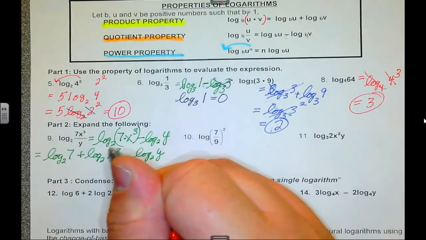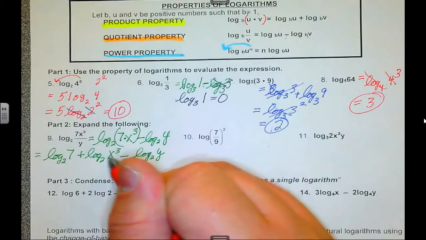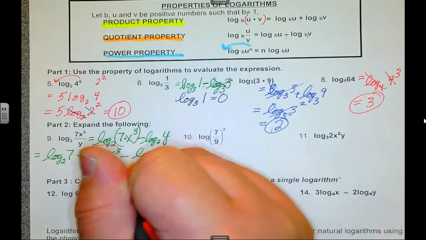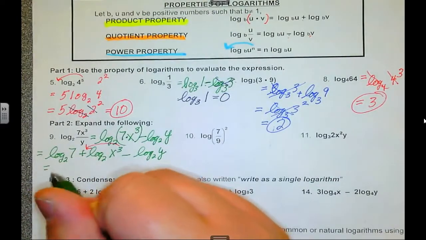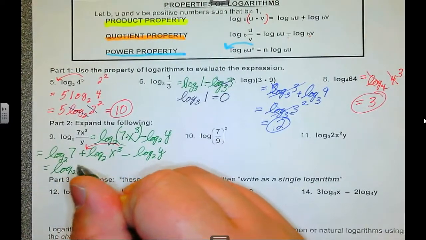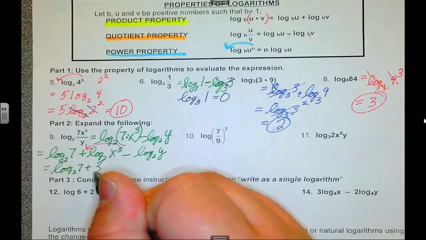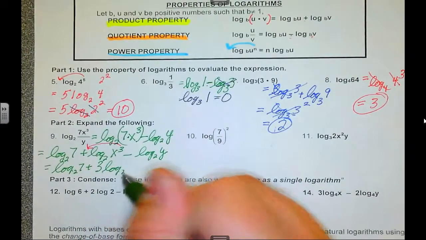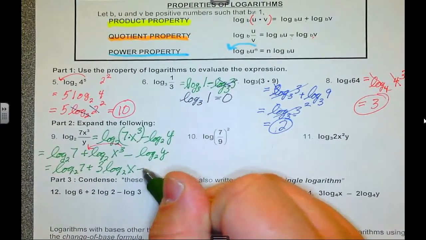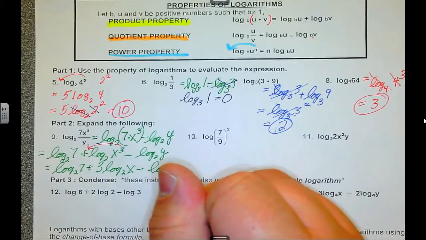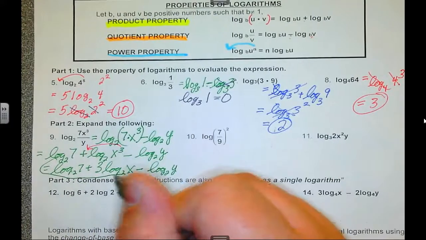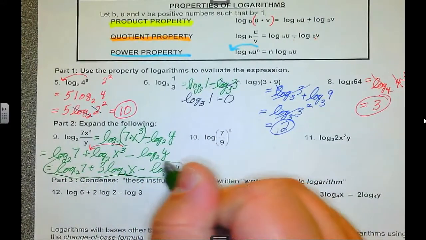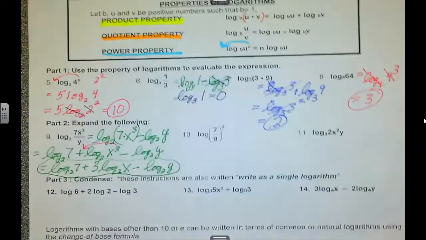Now, since I only have the exponent of the x, I can bring it out in front. So this equals log base 2 of 7 plus 3 log base 2 of x minus log base 2 of y. These really aren't that hard.